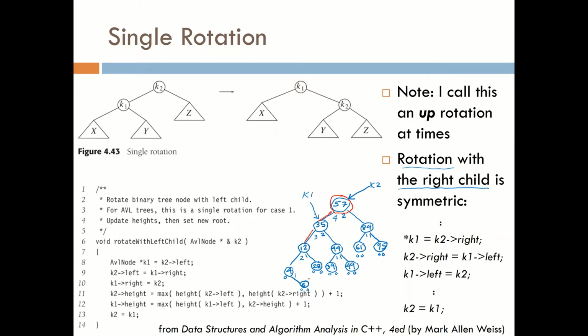Okay, so we've executed this statement. We've taken note of that one. So we're now going to execute this statement. We're going to take K2's left and make it point to K1's right. Well, this is K2. This is K2's left pointer.